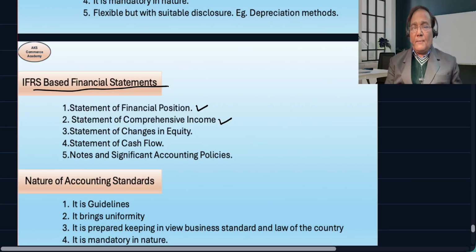Statement of comprehensive income. So it also tells us the income of the company and what all sources through which income has been generated. Then statement of changes in equity, what is the change that has been incorporated in equity. Is it through preferential share or is it through equity share?